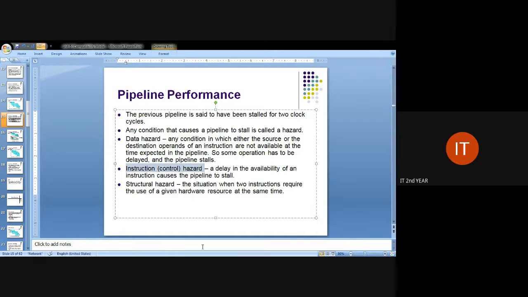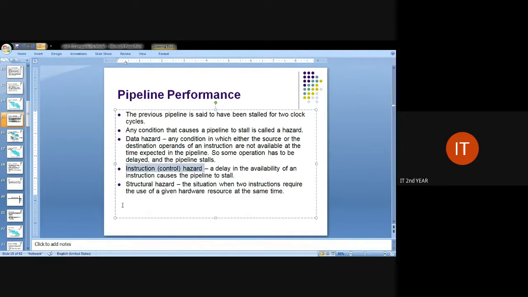Some of the basic control instructions are read, write, write protect. Suppose there is a delay in the availability of these instructions; this may cause the pipeline to stall. So this kind of stalling in the pipeline, due to the unavailability of control instructions, is considered an instruction level hazard or control hazard.